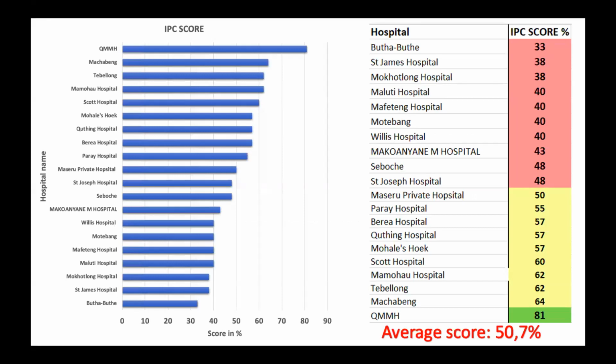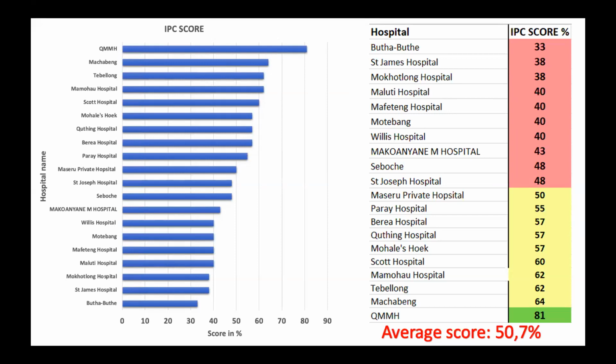And these are the results of the KPI scorecard in all the facilities that were assessed as a baseline. And as you can see, 50% of our facilities scored below 50%, which means that we need to develop improvement plans with them. And these facilities that scored below 50%, we have to follow them up on a daily basis.